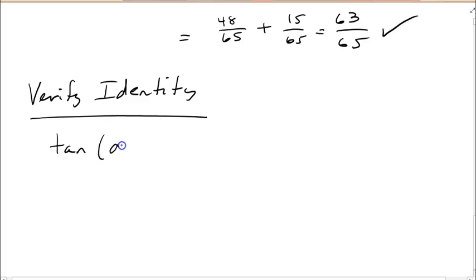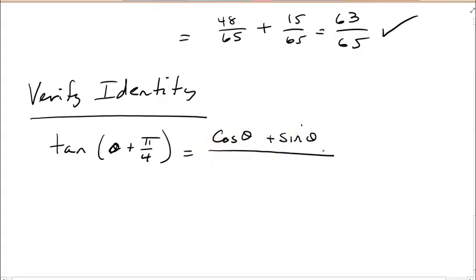Let's verify tan of theta plus pi over 4 equals cosine theta plus sine theta over cosine theta minus sine theta, sorry. Let me make sure I copy it correct or I'm not going to be able to do it.